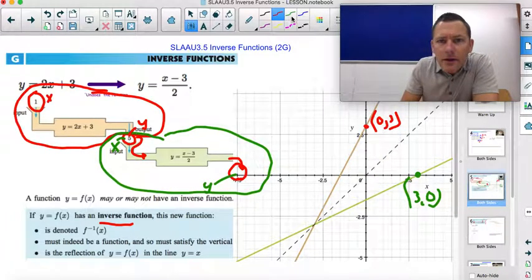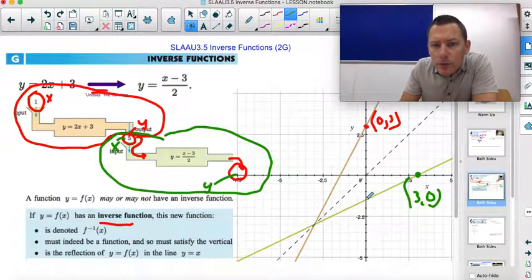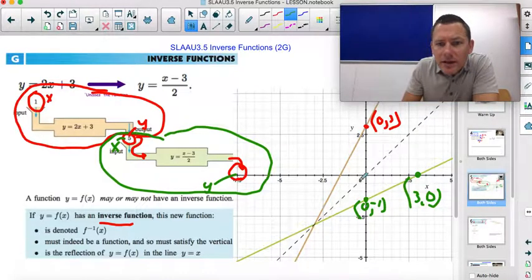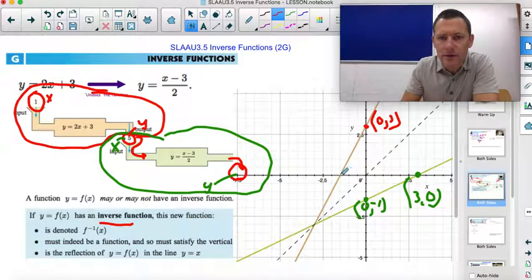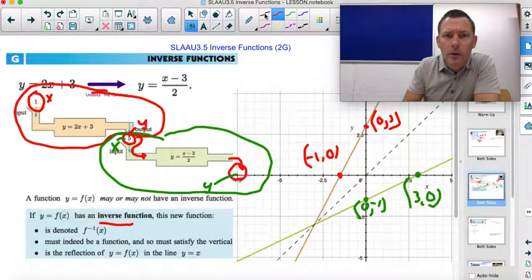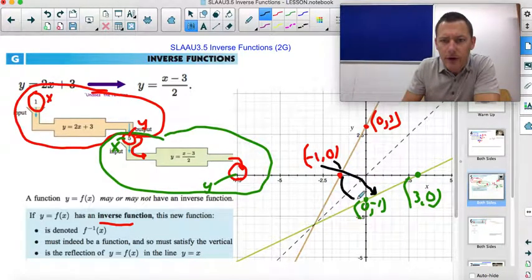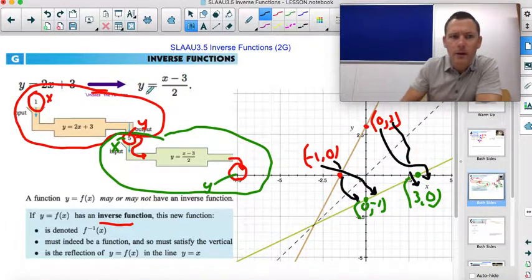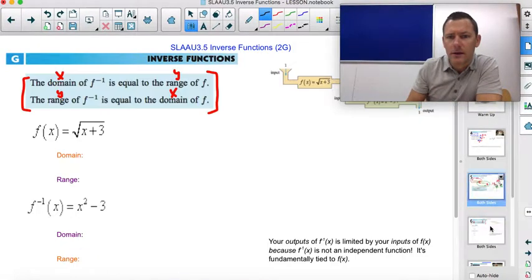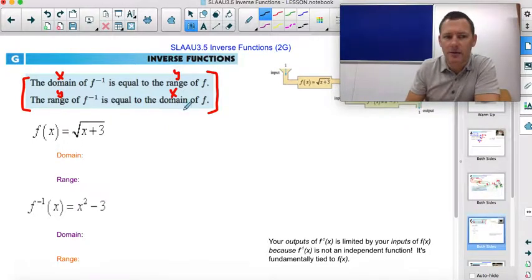Same with this: (0, -1), and this point here, its corresponding point is (-1, 0). So you can see that they've switched the x for y and the y for x for both of these. Same thing here. The domain becomes the range, the x's become the y's and the y's become the x's.